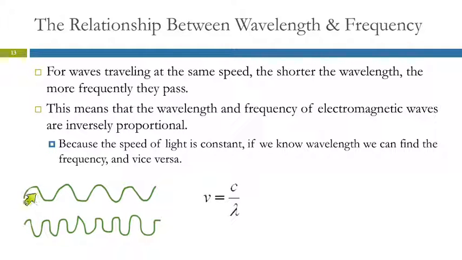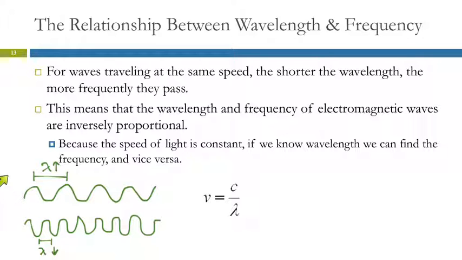So this top one, is that lower wavelength, smaller wavelength, or higher wavelength, larger wavelength? The distance between, this is the wavelength right here. This is larger, right? So that's large wavelength, so big wavelength, and this one is small wavelength.